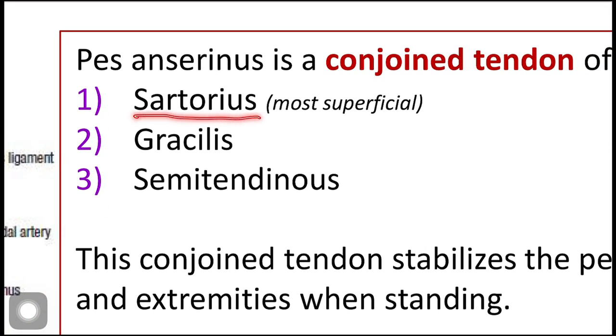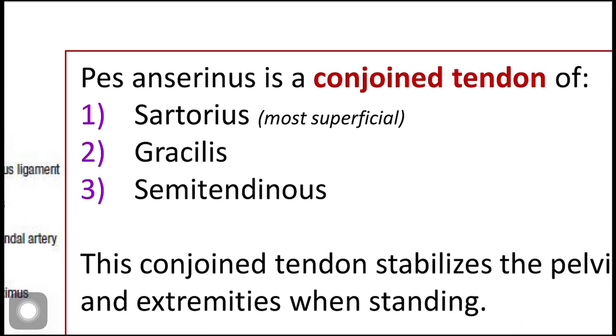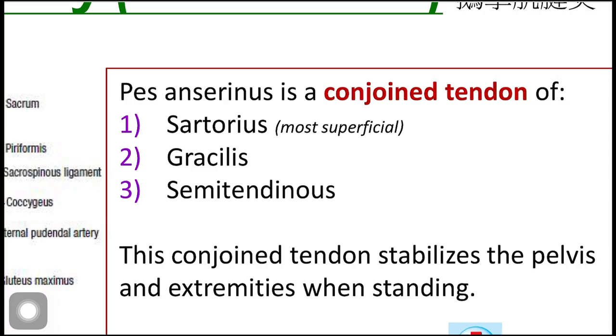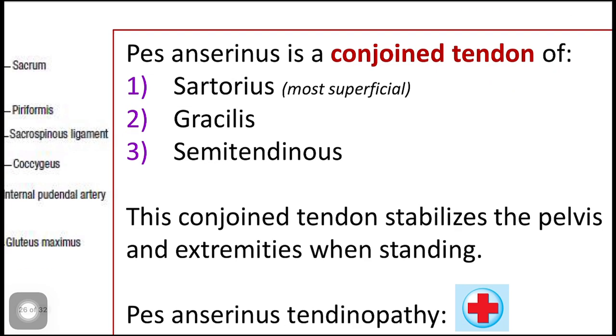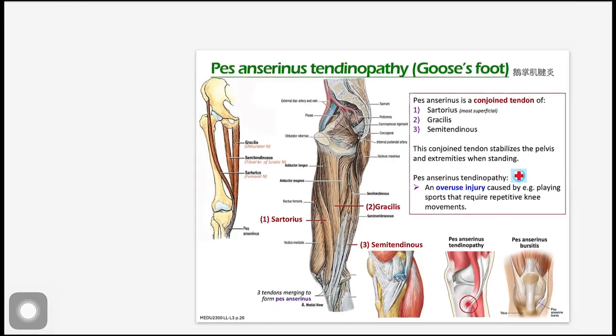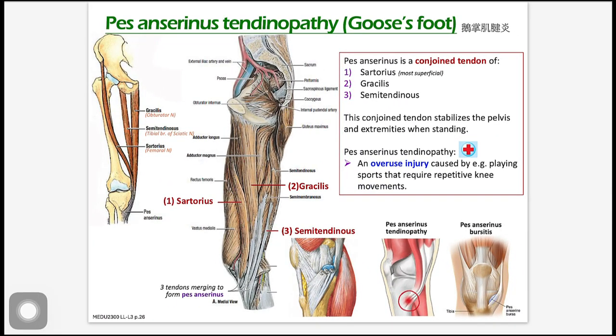Remember, sartorius is from which compartment? Anterior. Good. And then gracilis, medial. And then we just mentioned the semitendinosus, which is posterior. So these 3 altogether form a conjoint tendon of these 3 muscles. Where is it? It is on the medial side.